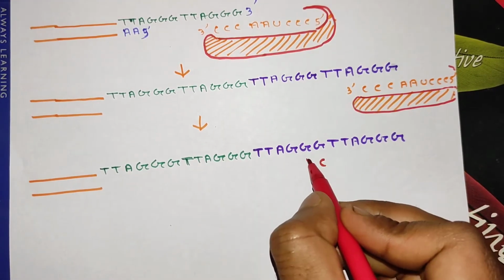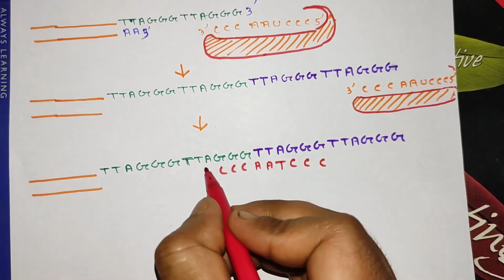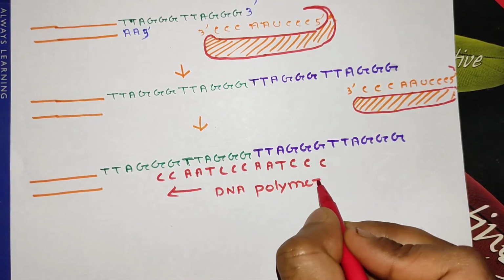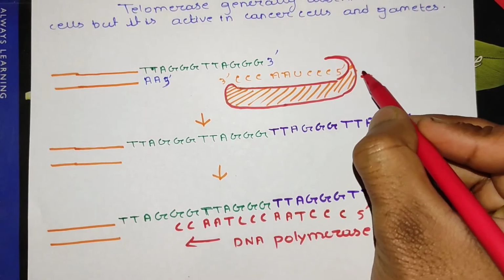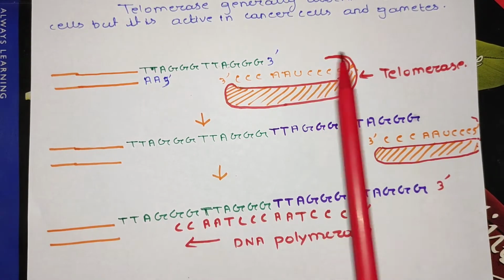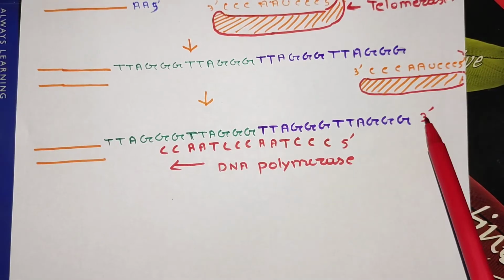Now the primer adds and ultimately DNA polymerase synthesizes the DNA. So DNA polymerase gets a 3' OH through which it synthesizes the DNA. And after that DNA ligase fills the gap. So as you can see, the length of the telomere is maintained.